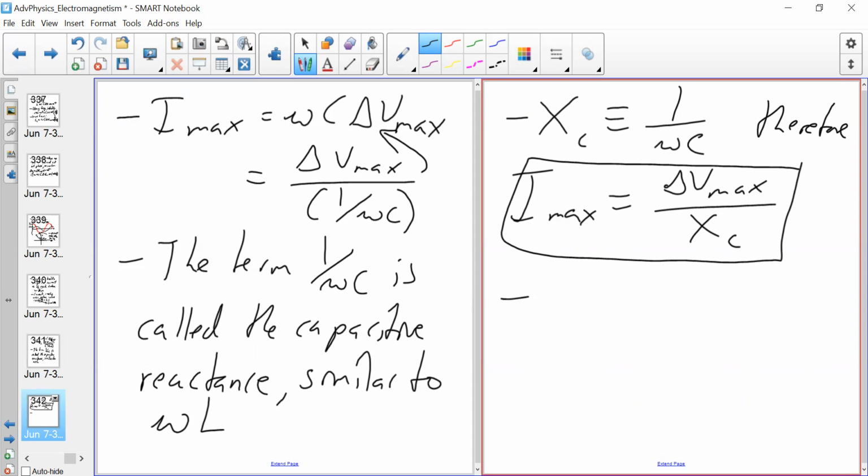Now we can re-express delta VC. So we've got everything for Imax for the capacitor. Now we're just mixing and matching for Imax and VC once we know the capacitor reactance.